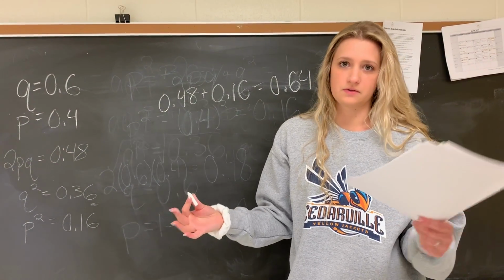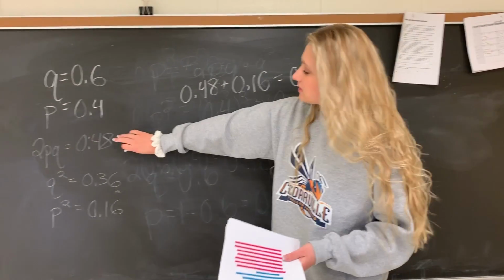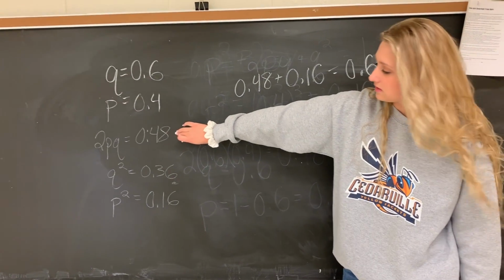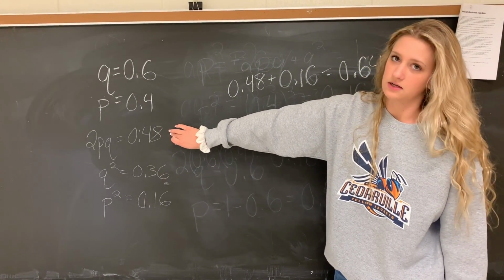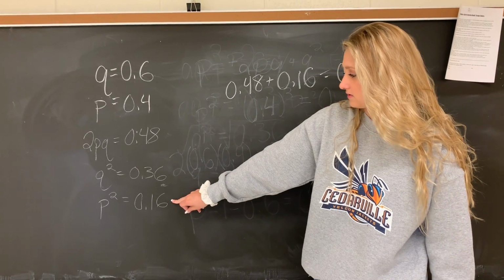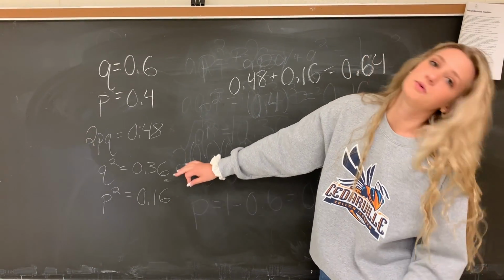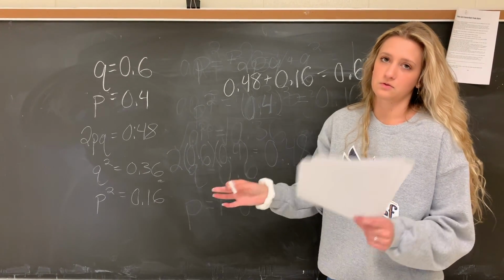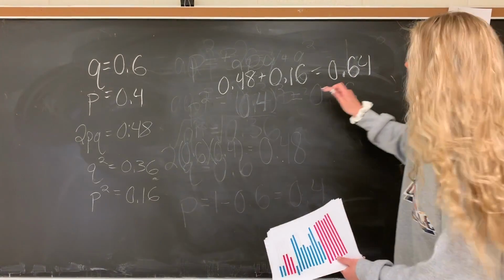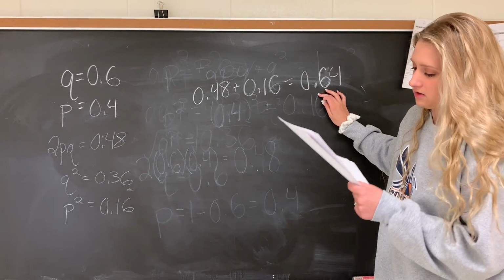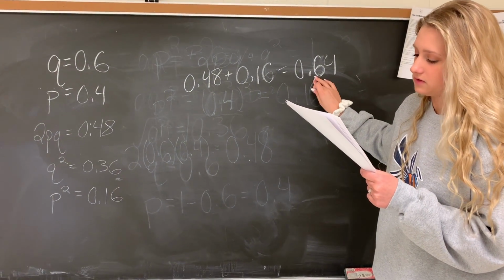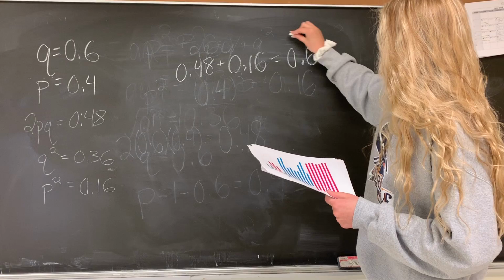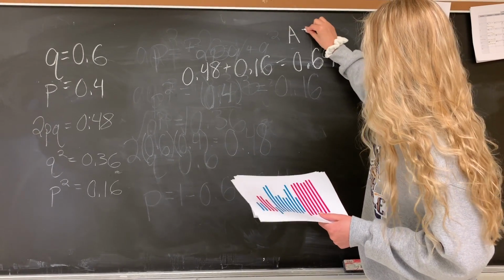The heterozygous, which is big A, little a, and the homozygous dominant, which is big A, big A, are both completely dominant. So they're going to show the same phenotype. So you add those together, and that will be the frequency of the phenotype for big A.